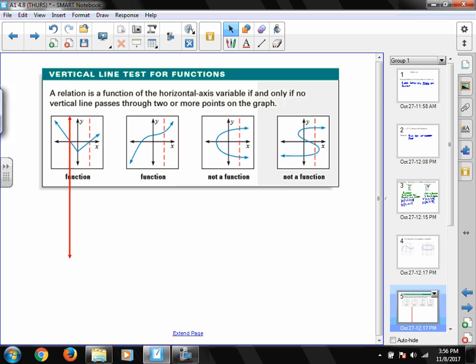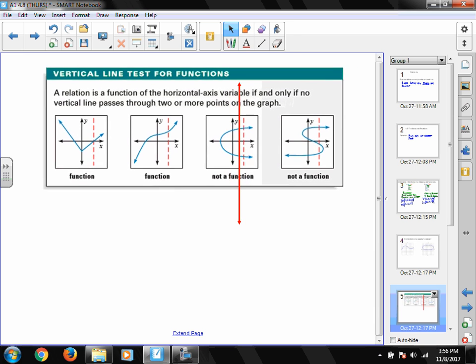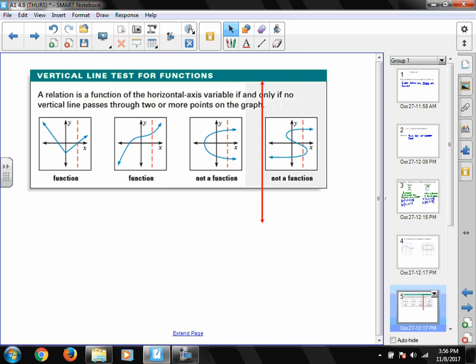If I slide it through my graph here, it doesn't hit 2 points. But if I go over to this sideways deal here, you can see that as I slide it, I'm hitting 2 points all over. I don't want to move the picture, I just want to keep moving my line. If I go to the S here, obviously I hit in a whole bunch of places. So that's not going to be a function. But these first two are going to be functions.